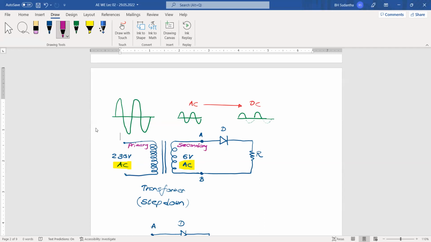I have put this figure to show you that the output voltage is very low compared to the input voltage. Up to this point, the step down transformer has done this voltage reduction.